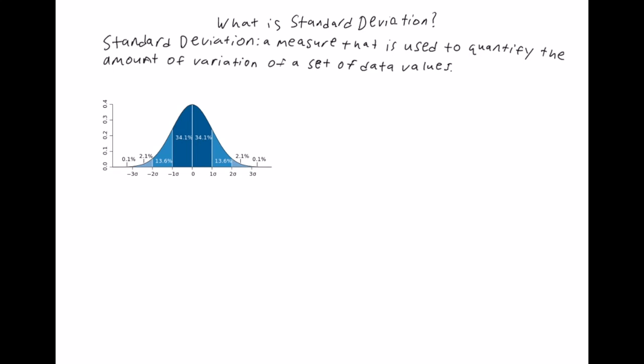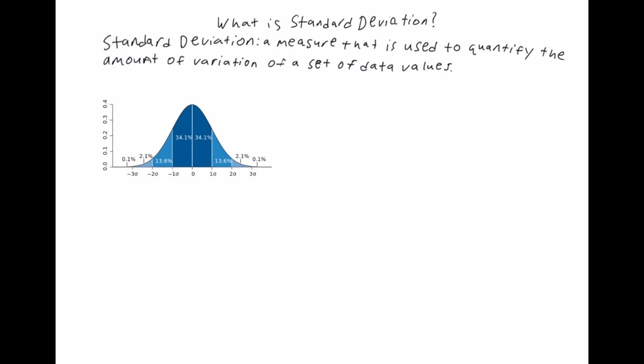So, with this, we can see here in this dark blue here, this line is the mean. So it's marked as 0 because that's 0 standard deviations away from the mean, or right at the mean. So this blue part here and this blue part here are each one standard deviation away from the mean.